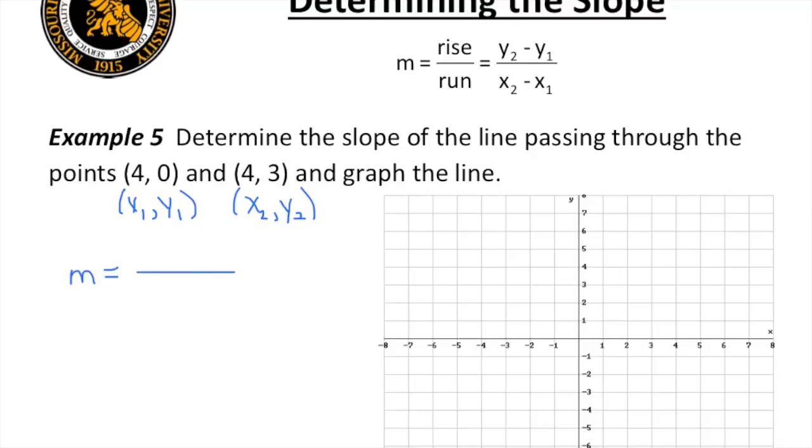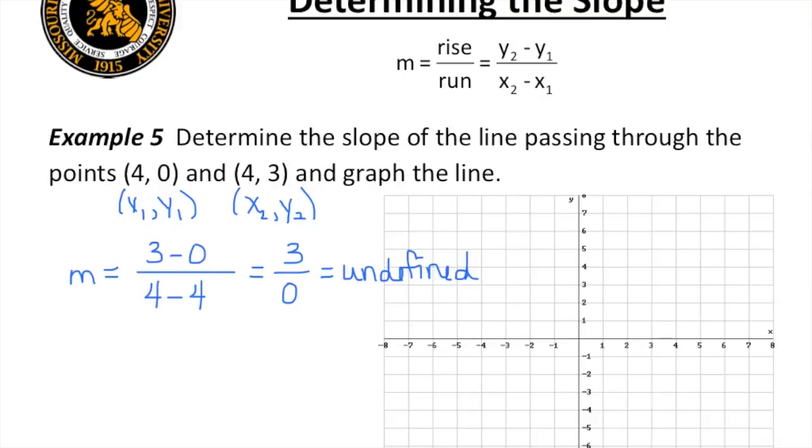Our numerator, based on our determination of our points, will be 3 minus 0, and our denominator is 4 minus 4. Performing the operations, we have 3 over 0. But 3 divided by 0 is undefined. If we tried to divide 3 by 0 on a calculator, it gives us an error.